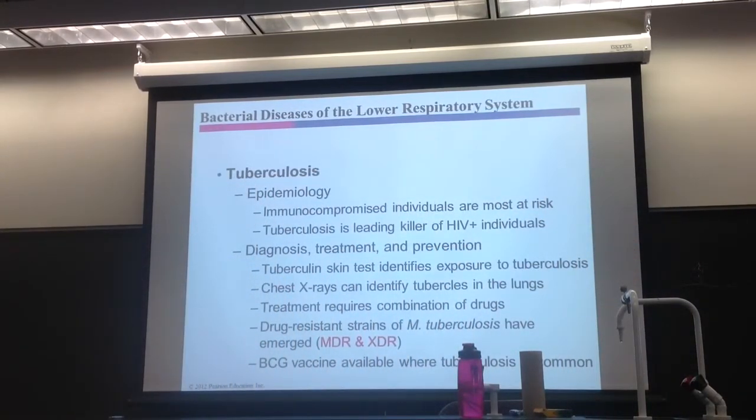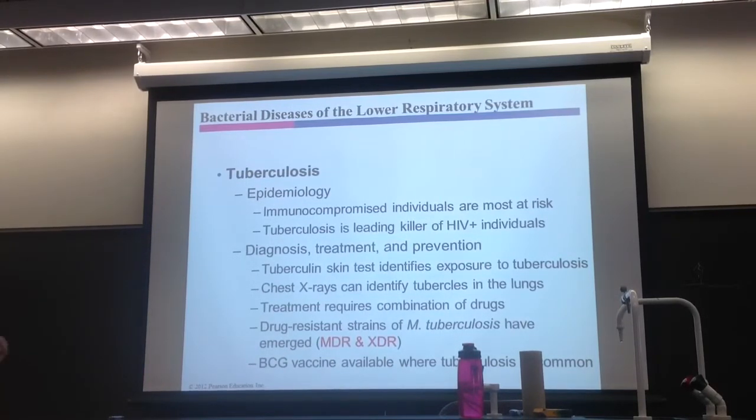Here's another reason why TB is hard to get rid of. You have drug-resistant strains out there, and they are bad bugs. You've got multiple drug-resistant, MDR. MDR is multiple drug-resistant TB, which means it is resistant to 2 of the drugs used to treat it.